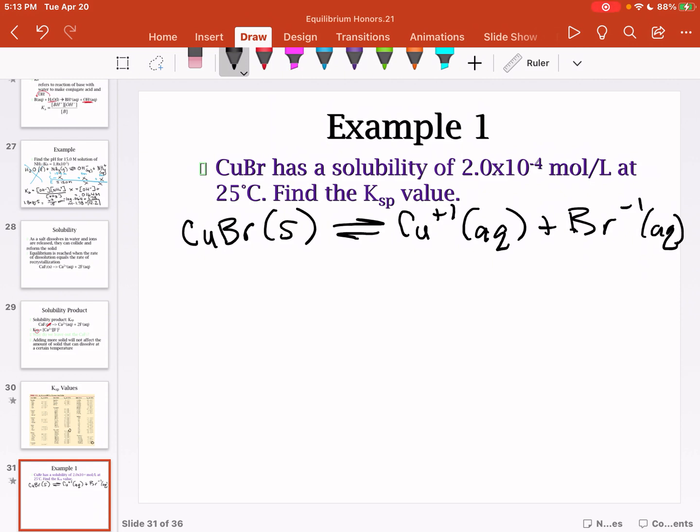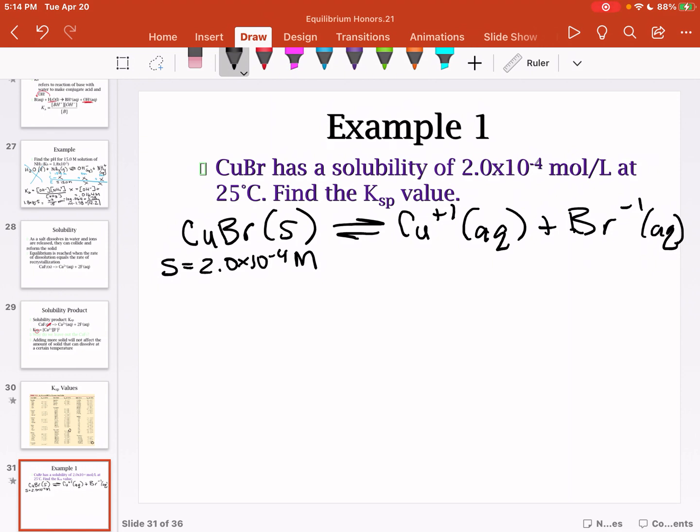It's very similar to the equations you'll find at the bottom of table I with the water over the arrow. And so I see that it's telling me my solubility. So my copper 1 bromide has a solubility, I'll call it S, equal to 2 × 10⁻⁴ moles per liter, or molar. And so I need to find the KSP value.